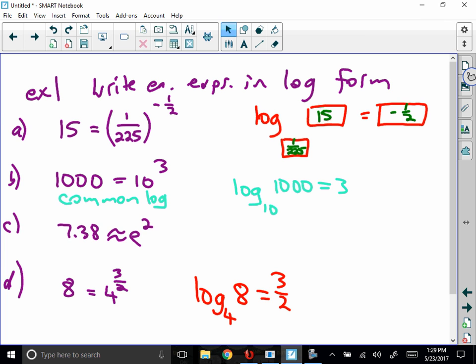Well, that's not wrong, but you're doing too much work. Whenever the base is 10, you don't have to write it. In other words, if the base isn't given and you're using the word log, the base is 10. And if you understand scientific notation, those are quite simple.